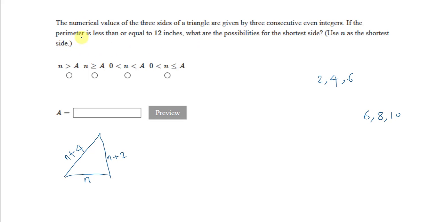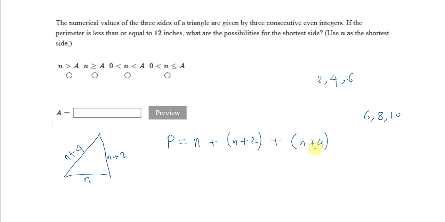If the perimeter is less than or equal to 12 inches, remember the perimeter of the triangle. Again, the perimeter is just the distance that surrounds the object, right? So we add all of them together: n, the first side, plus n plus 2, the second side, plus n plus 4, the last side.